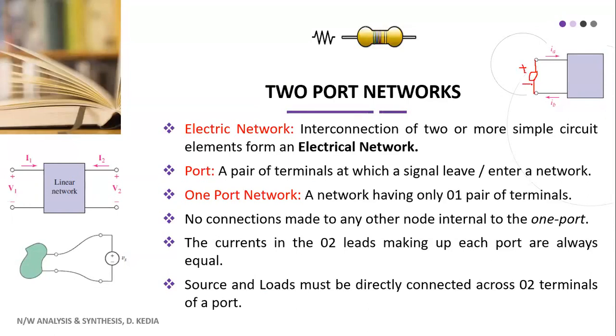Whatever source we need to connect will be applied at these terminals, and if we want to connect any load also, that will also be connected across these two terminals only. No other connections will be made. You need to understand this particular point. See here in this figure also, this is your linear network. This is the pair of terminals, and we have connected a source across these terminals, no connection in between. So this is the concept of your one port network. Now let us move forward.